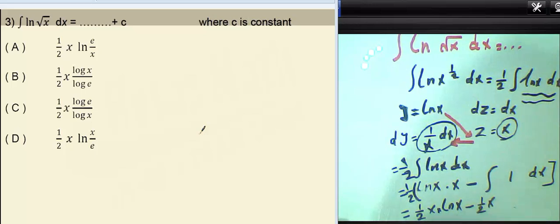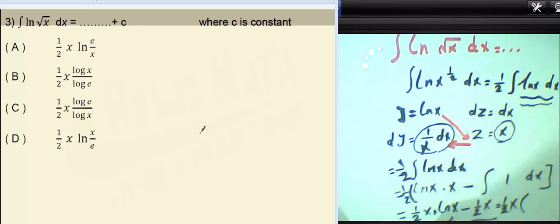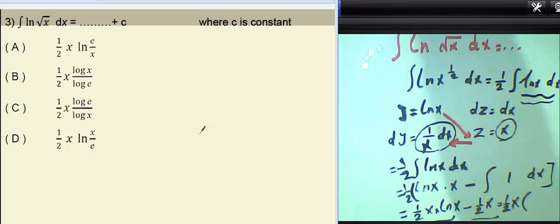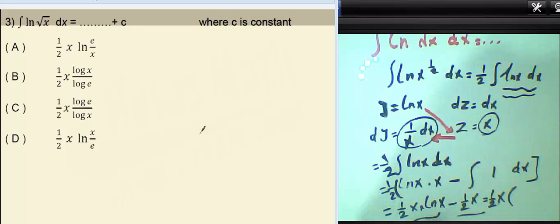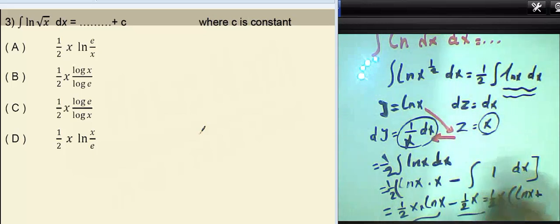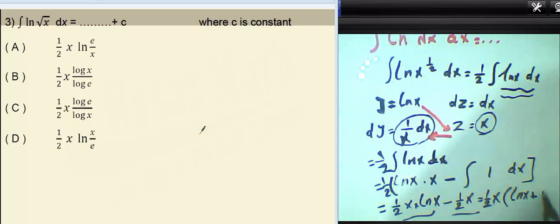Okay, we can write x outside as a coefficient, and half. You can write half here and x as a coefficient between the two terms, and the result of the first term will be x outside, then the result will be ln x plus the integration of 1, which is x, right, here 1 plus 1.